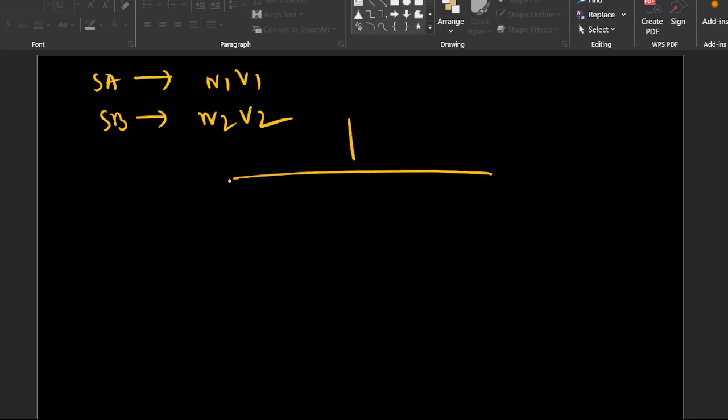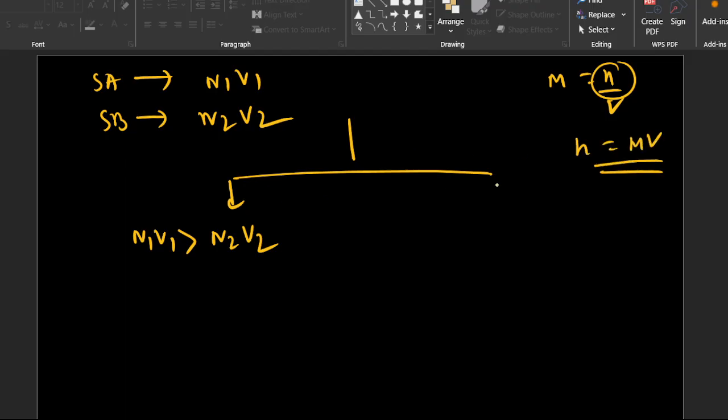First we check whether N1 V1 is greater than N2 V2. N1 V1 means the concentration of H plus, because N is equal to number of equivalents by volume. For H plus or OH minus, we use M V. For molarity, and normality is simply M into X, so just the X factor will come. So normality and molarity are the same for a monoacidic or monobasic species, where X equals 1, so N equals M.